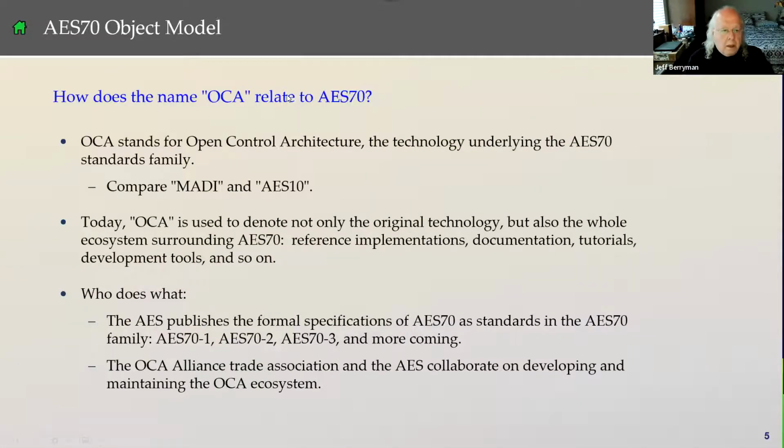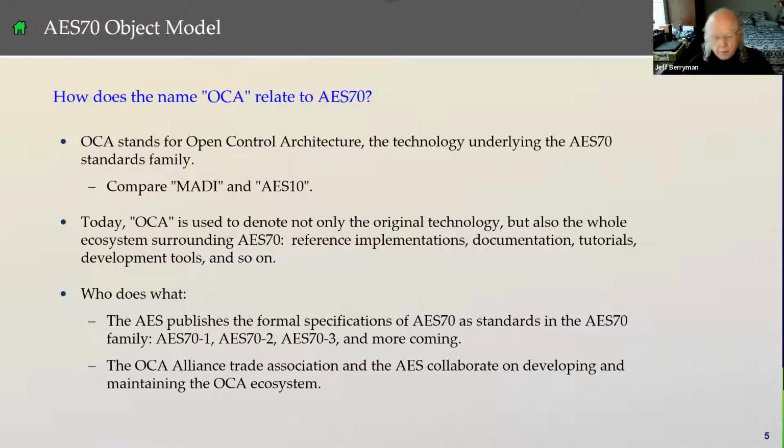The name OCA floats around hand in hand with AES70 all the time, so I just have this slide explaining the difference. OCA stands for the Open Control Architecture, which is the original technology underlying the AES70 standards family. This technology dates back to the early 1990s to a previous AES standard called AES24 and has gone through a number of evolutions.